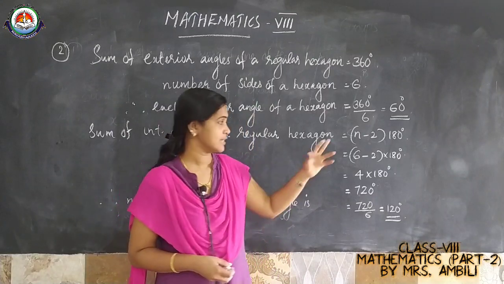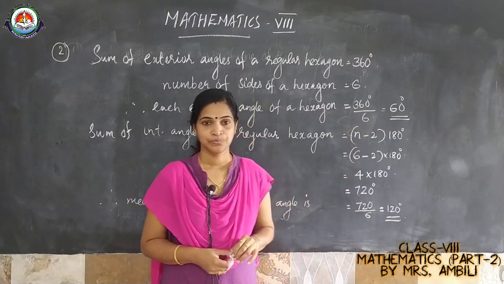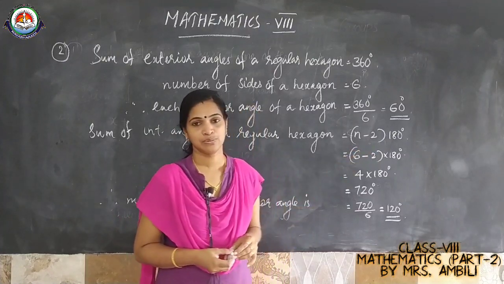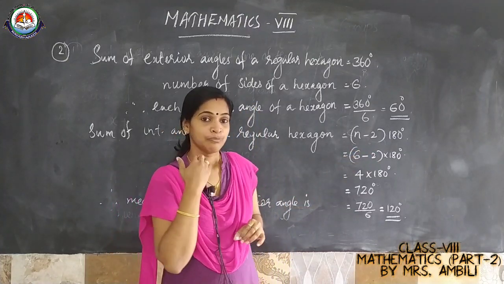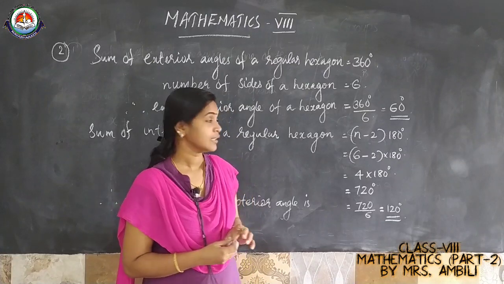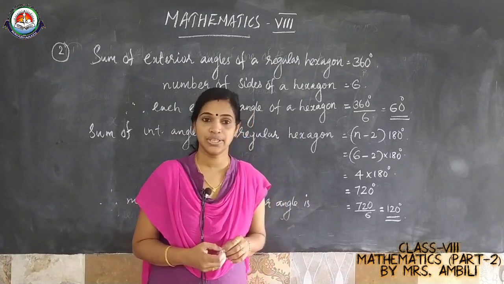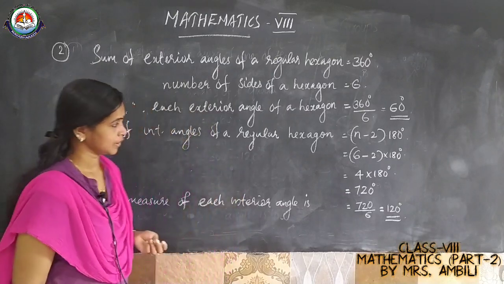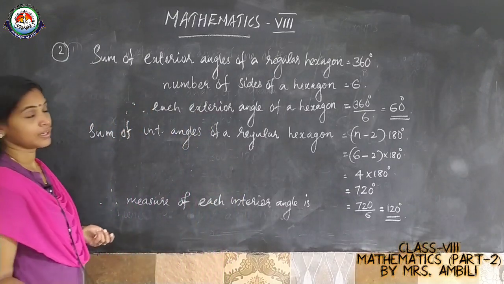Pentagon means 5 sides, so we write 5 minus 2. Octagon means 8 sides, so we write 8 minus 2. For different types of polygon, interior angles will change. Clear? Okay, let us go for the next question.